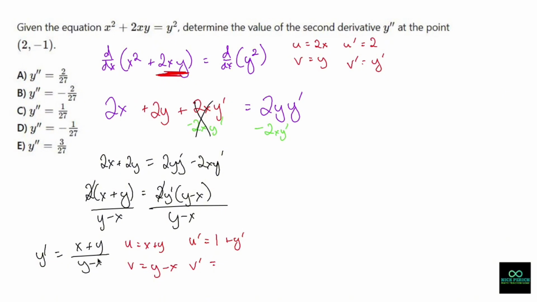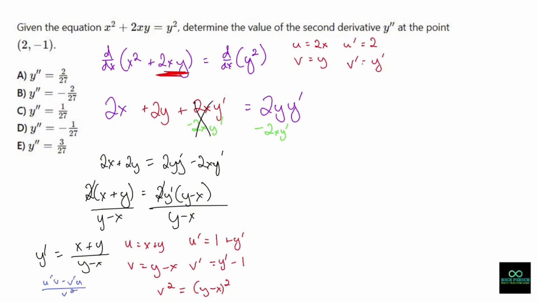V prime is the derivative of the bottom: the derivative of y is y prime, minus x is 1. And then v squared is going to equal y minus x squared. Let's see if we have to deal with that when we have to deal with that. Probably not, but we'll see. All right. Quotient rule is u prime v minus v prime u over v squared.